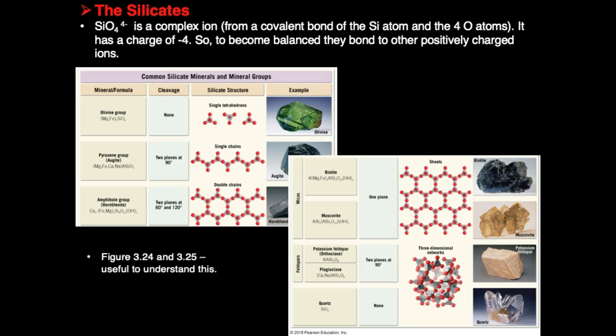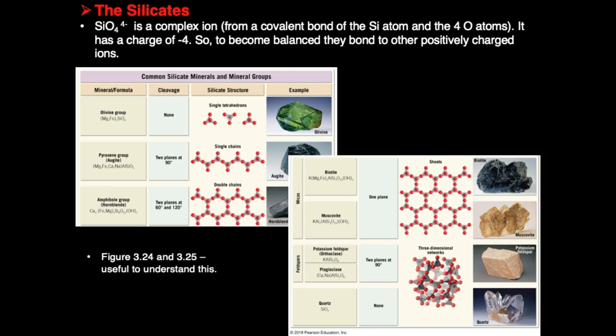The simplest silicate structures are those of independent tetrahedrons that have their oxygen atoms bond with positively charged ions such as magnesium or iron. These are typically called single tetrahedron structures. So those are going to be this structure where you just have the silicon-oxygen tetrahedron bond with an element that has a +4 ionic charge.